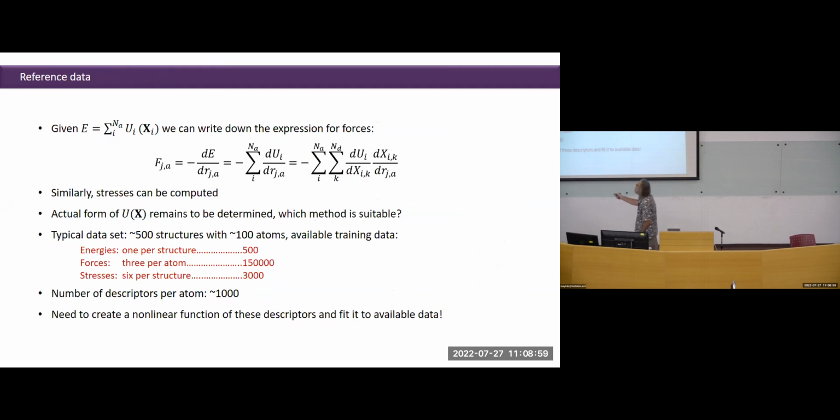So this was our total energy, right? The sum of these local energies. We have not specified any form for that yet. And from that, we can also derive forces.